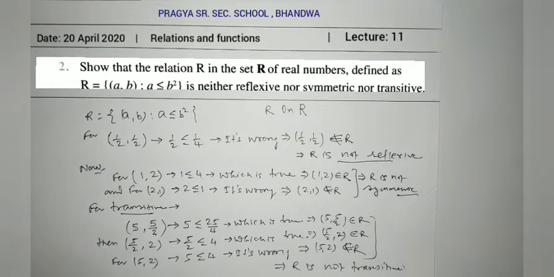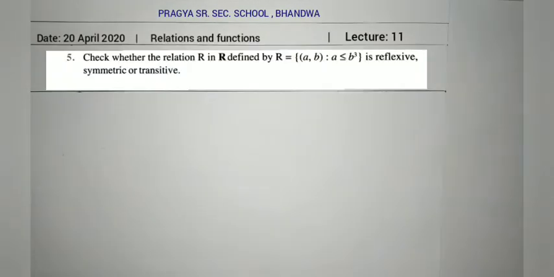Okay, I hope the problem is clear to you. Now we will discuss the next question, question number 5. It is given: check whether the relation R in R defined by R equals (A, B) such that A is less than or equal to B cube is reflexive, symmetric or transitive. So this time we have to check whether it is reflexive, symmetric or transitive.